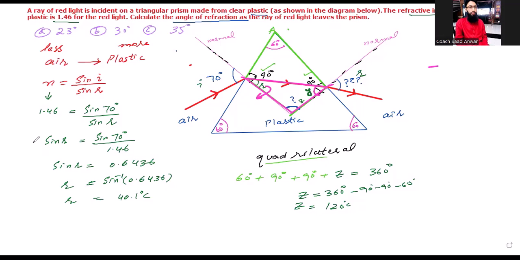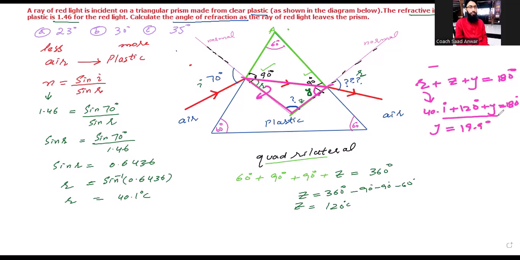So in the pink triangle, this r plus this z plus this y equals 180 degrees. r is 40.1, z is 120 degrees, plus y, which you have to find. So when you solve it, you will get y equal to 19.9 degrees.